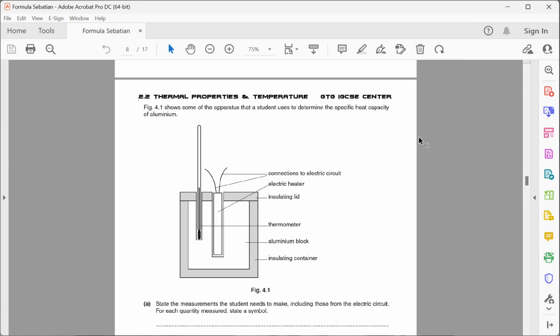So the pressure of the gas must be kept constant in order for a fair comparison between volume and temperature.